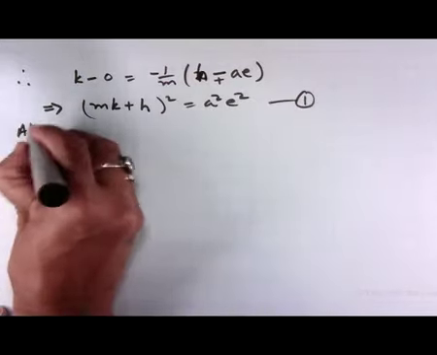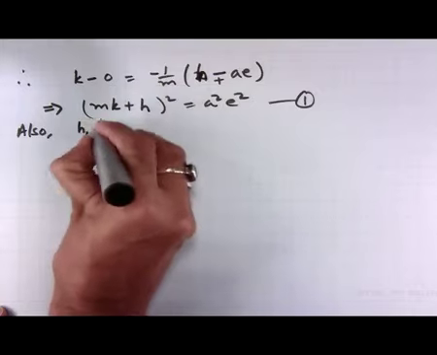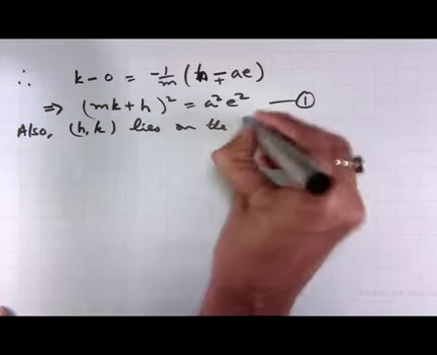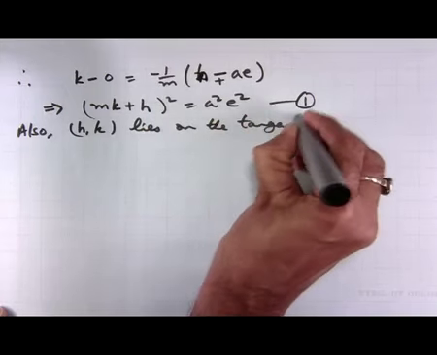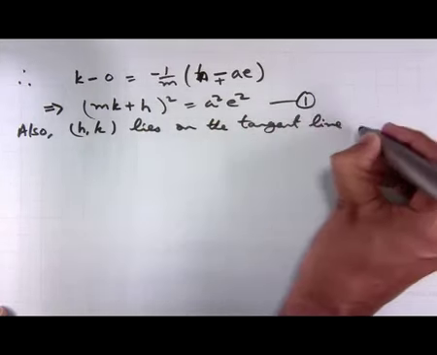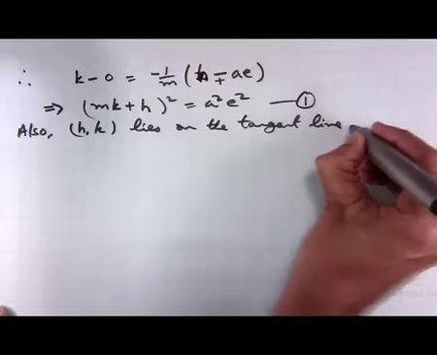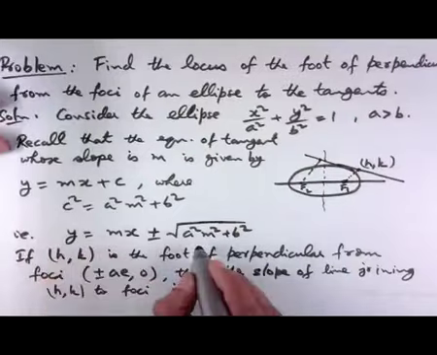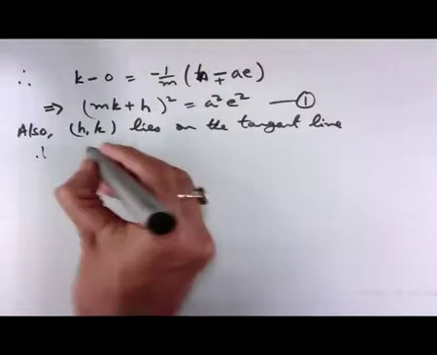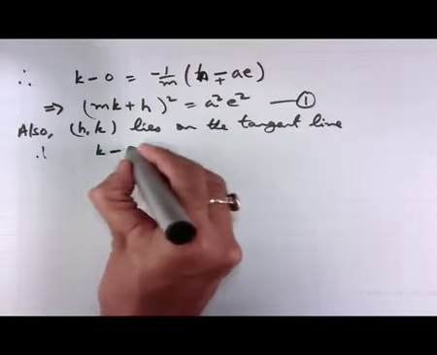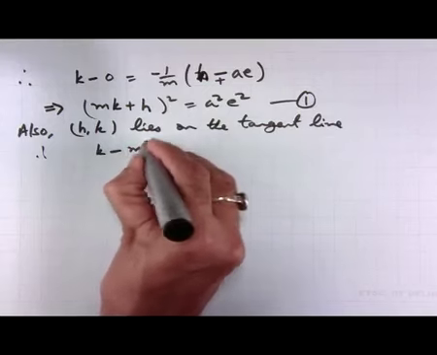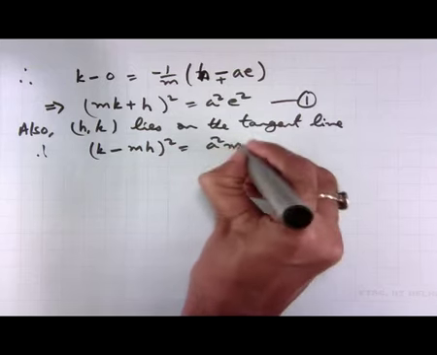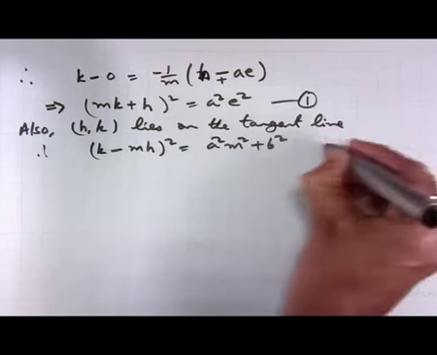Also, h comma k lies on the tangent line, therefore, we had the equation of the tangent line. So, k minus m h whole square is equal to a square m square plus b square. This is equation 2.